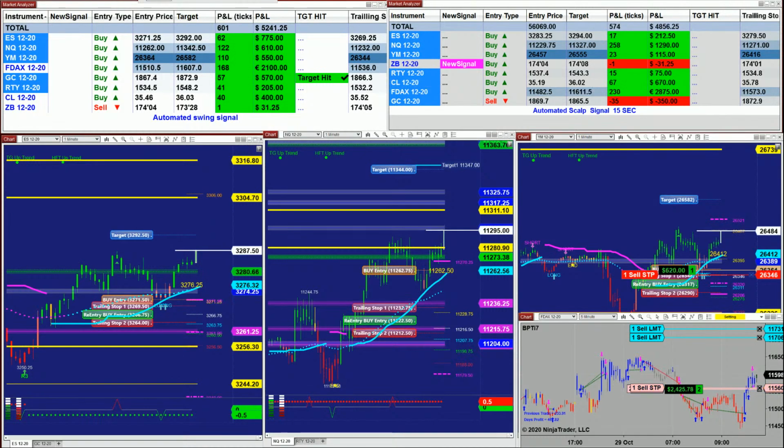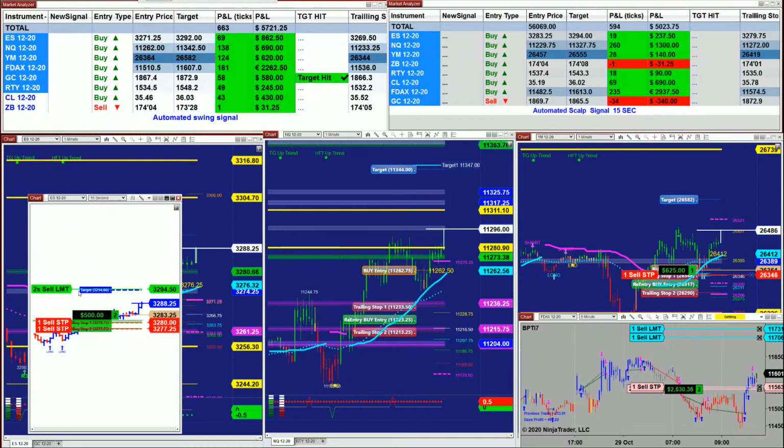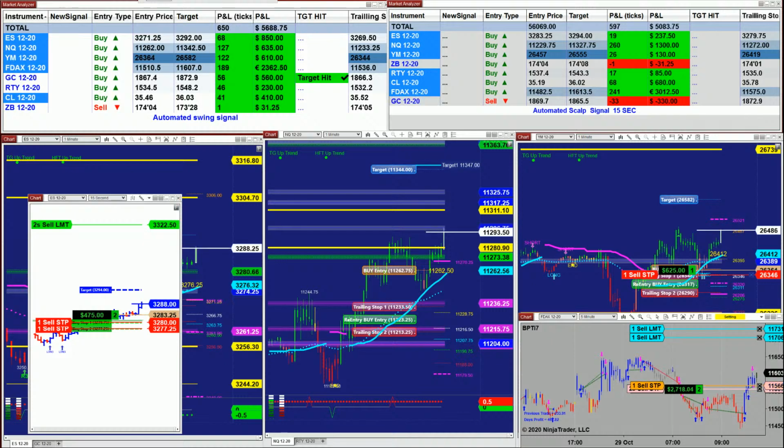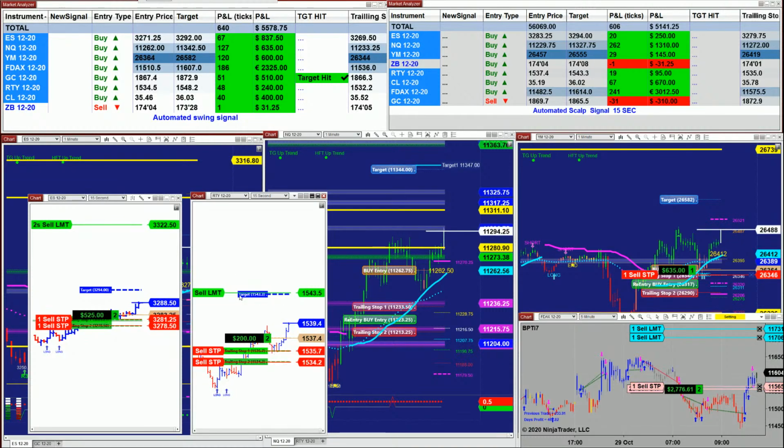Now, as we see on the scalper, the ES already initiated trade. We're gonna go ahead and expand the trade. And the same thing on the Russell, we're gonna go ahead and extend it, and then we're gonna do the same thing on the YM.